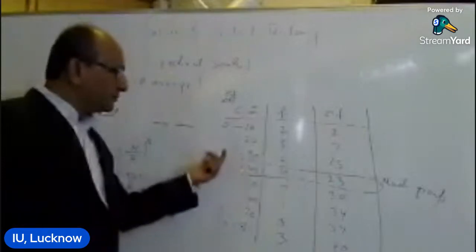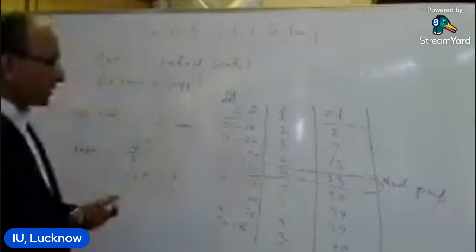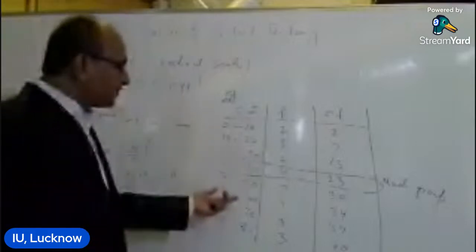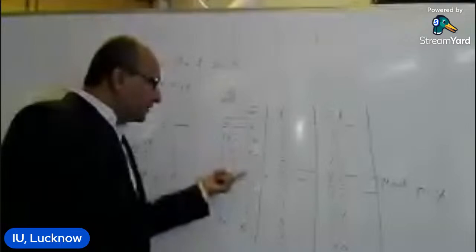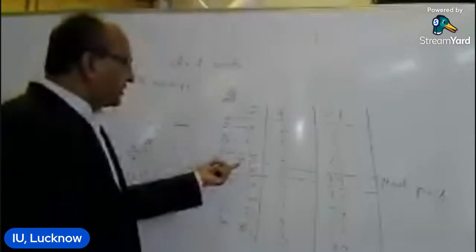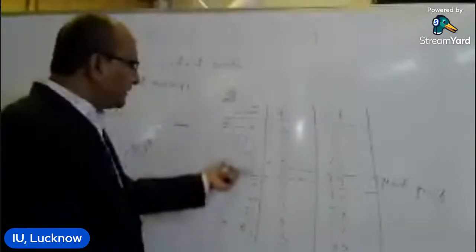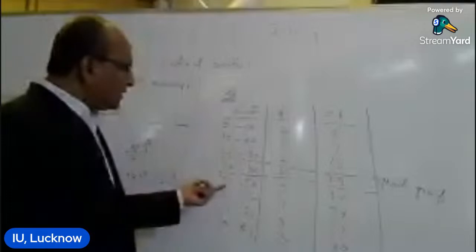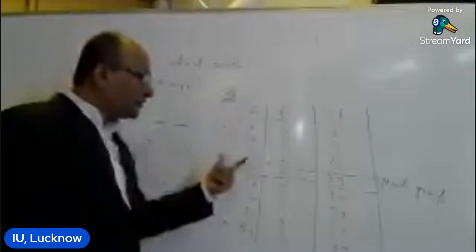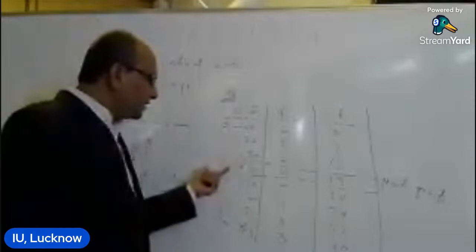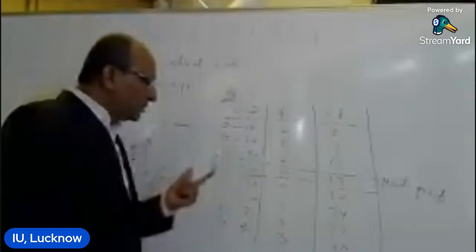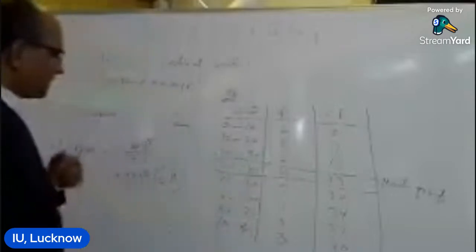In the previous question, the values were discrete, so we directly found the value of the median. But here the value is given in class intervals, so the value of the median will be somewhere between 30 to 40. So the question is, what will be the value of the median?